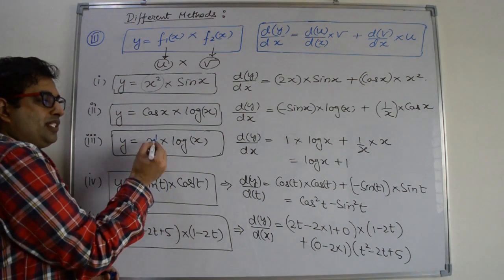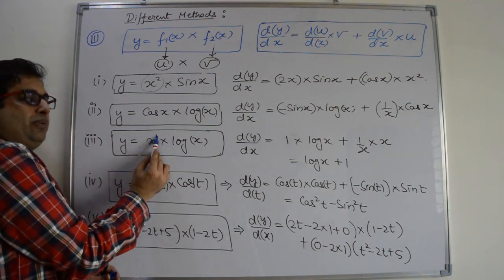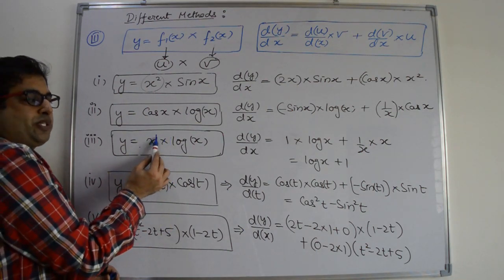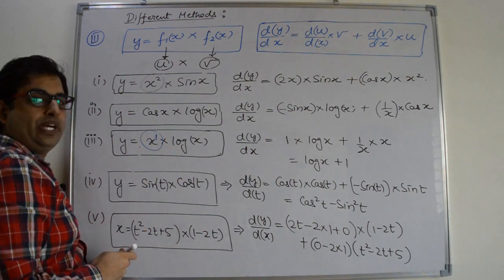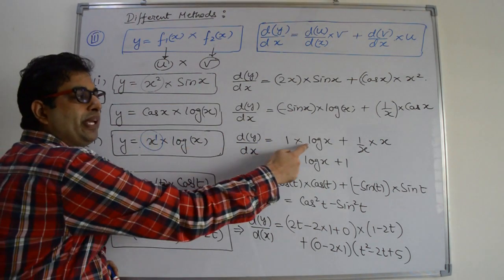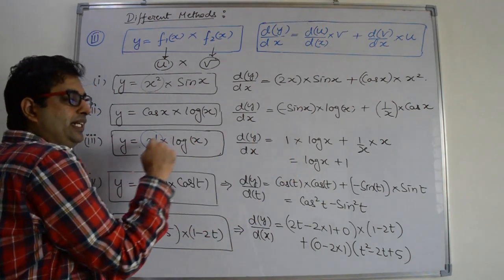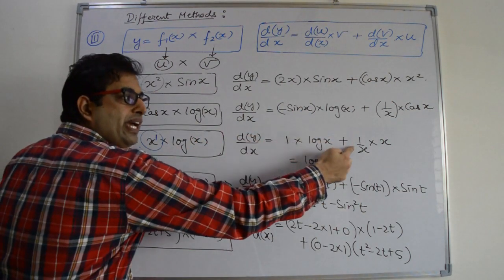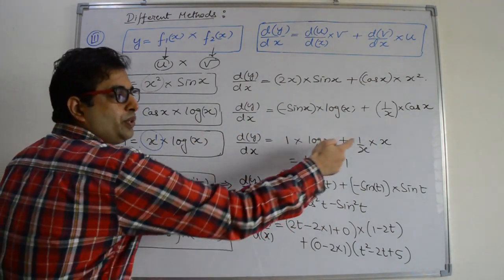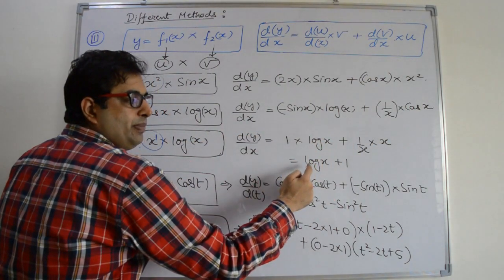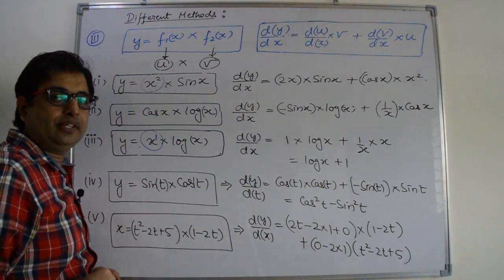Why? Because the power will come in multiplication and 1 minus 1 will be 0. So x power 0 is 1. So differentiation of x is 1. Log x will remain in multiplication. Then differentiate log, 1 by x. X will remain in multiplication. So this x will cancel out. Answer will be log x plus 1. Got it?